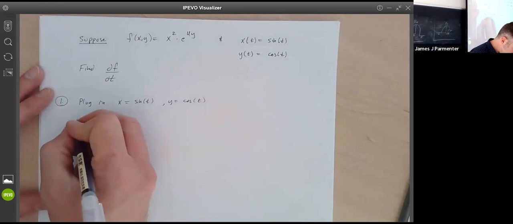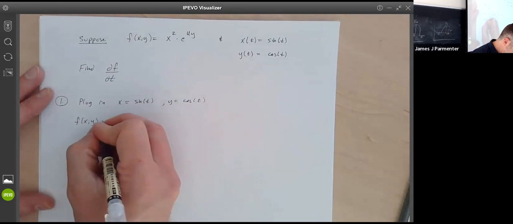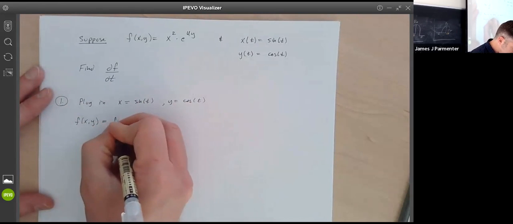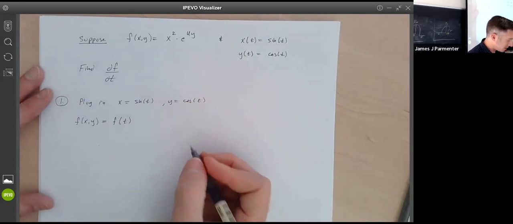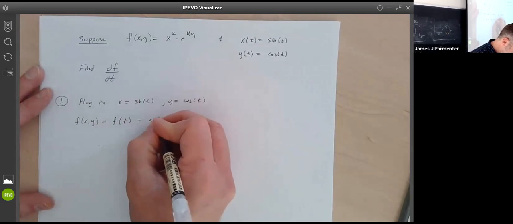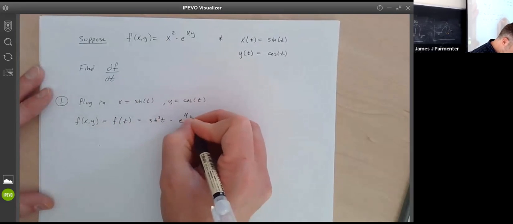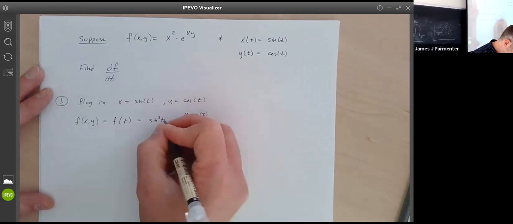And so our function f of x, y becomes the function f of t, and it's going to be x squared, so that's sine squared of t times e to the 4 cosine of t.